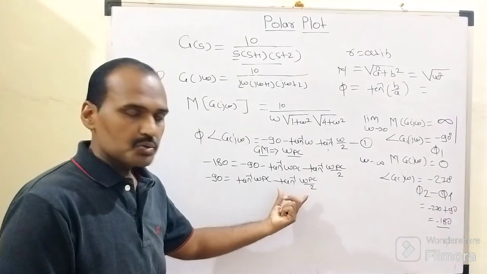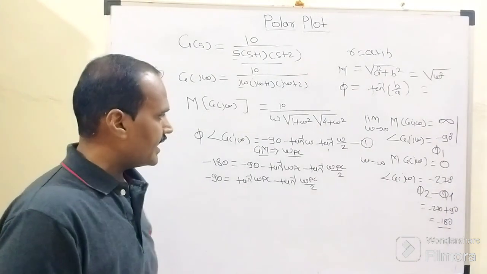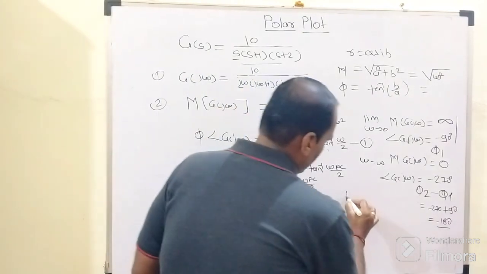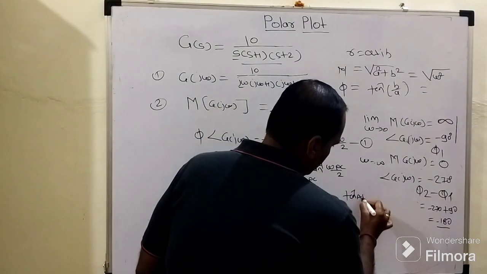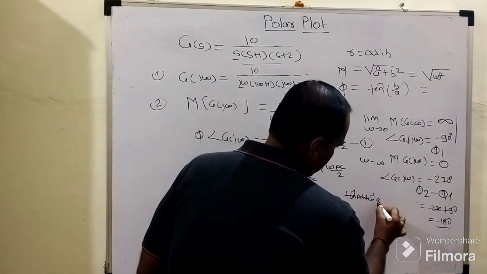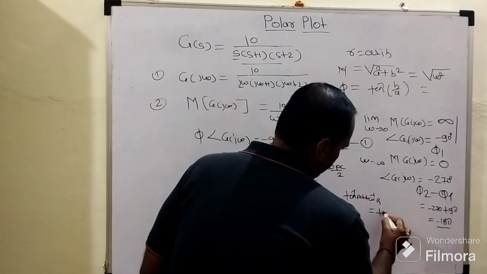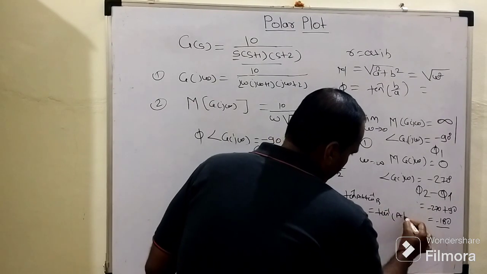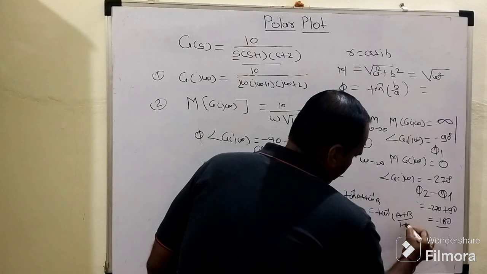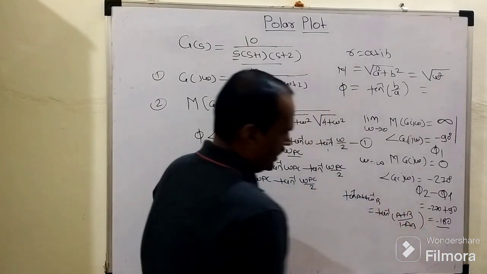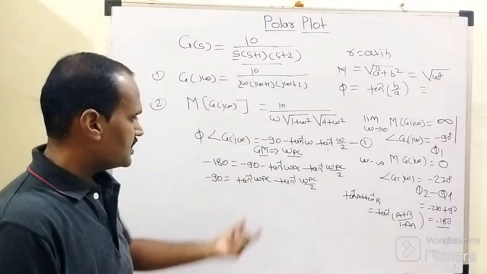Somehow we need to put this whole term in the form of tan inverse of A plus tan inverse of B, because tan inverse of A plus tan inverse of B equals tan inverse of (A plus B) upon (1 minus A into B). In that form we need to put this term.